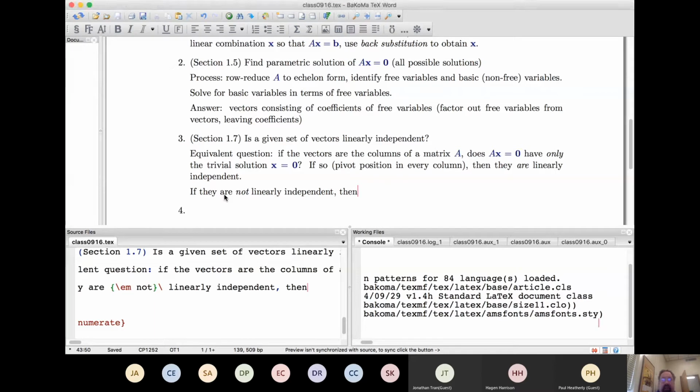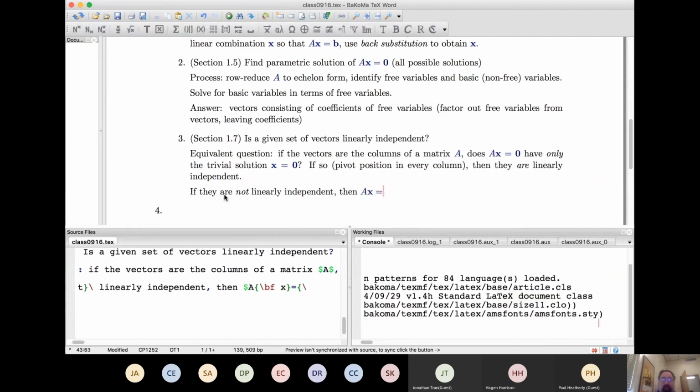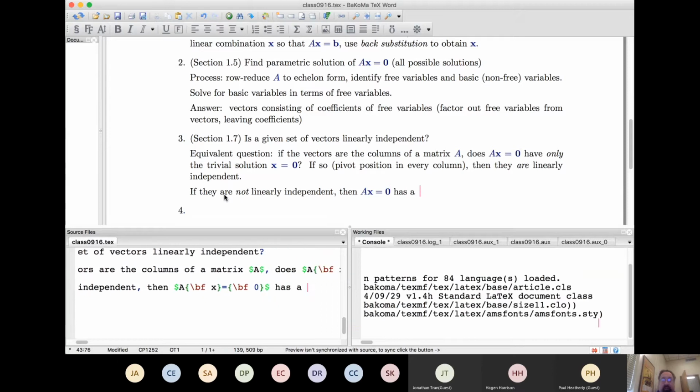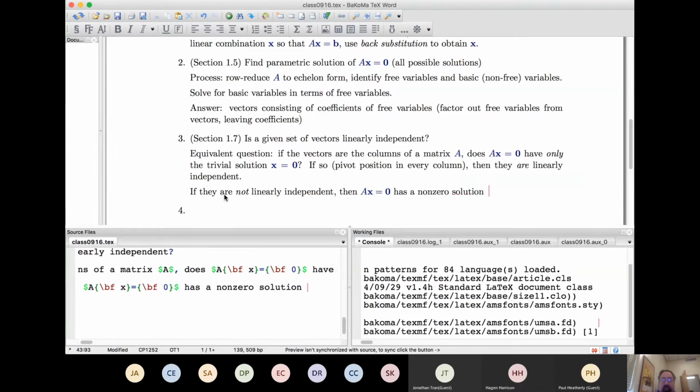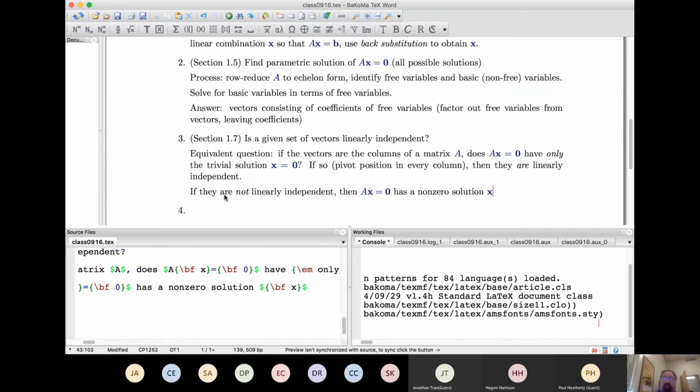So if they're not linearly independent, then the system Ax equals 0 has a non-zero solution x, and the problem may ask you to find such an x.